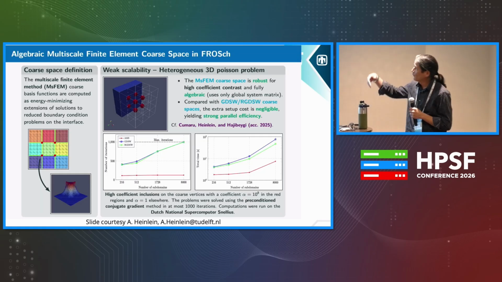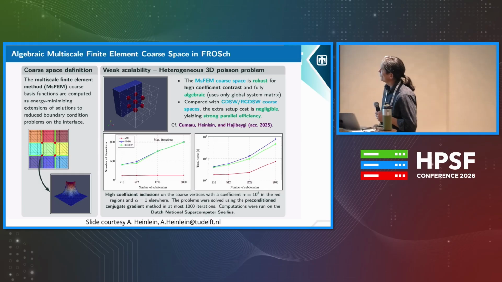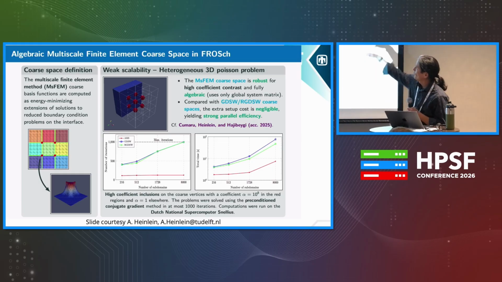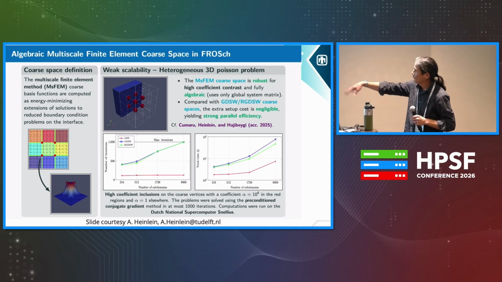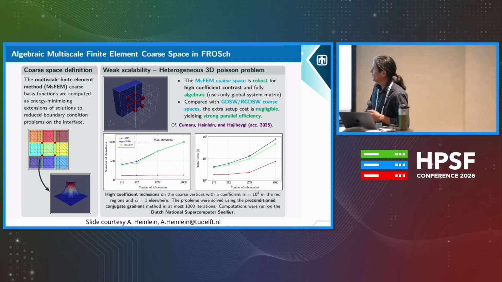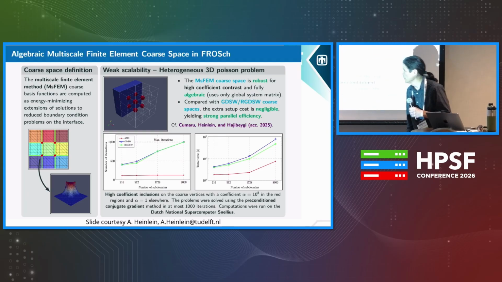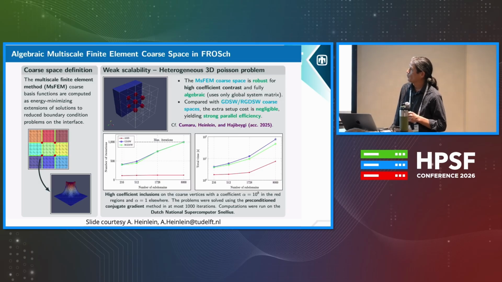Here's an example provided by Alexander Heinlein, one of the main developers of FROSch, demonstrating the scalability. This is just for a heterogeneous 3D Poisson problem. There are about 8 orders of magnitude in variation in the coefficient here, so it's a very high contrast problem.